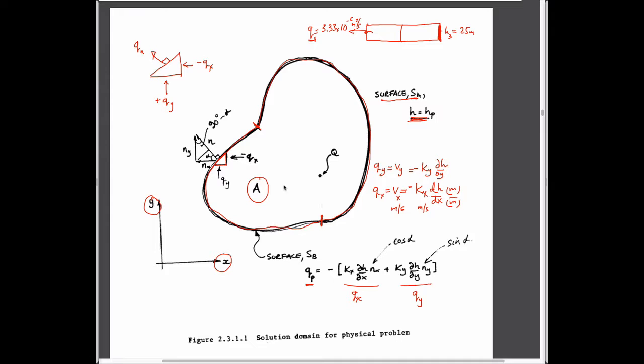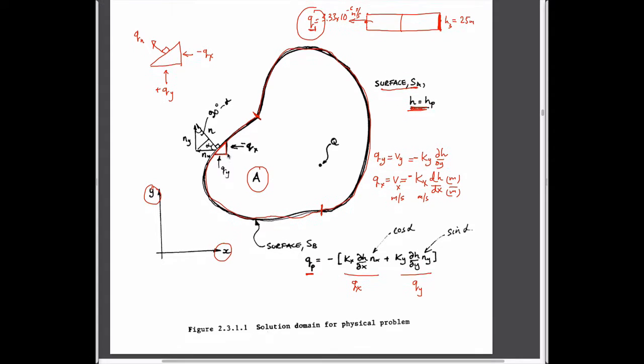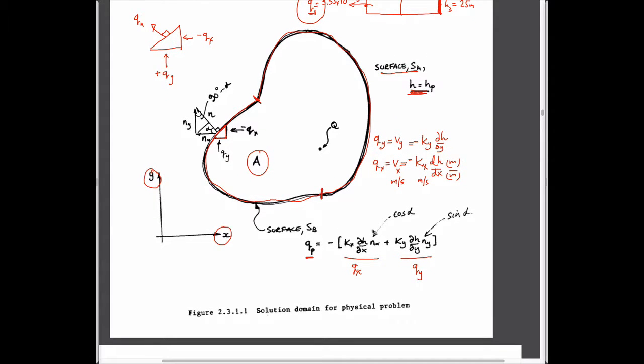That's Qn. So we now have a scalar value which represents the flux that comes across this boundary. That's all we're attempting to do. And these are just the angles of inclination of the normal to the boundary vector, this alpha. And so these are just direction cosines.